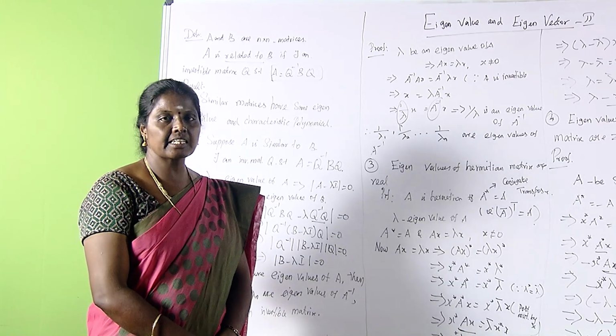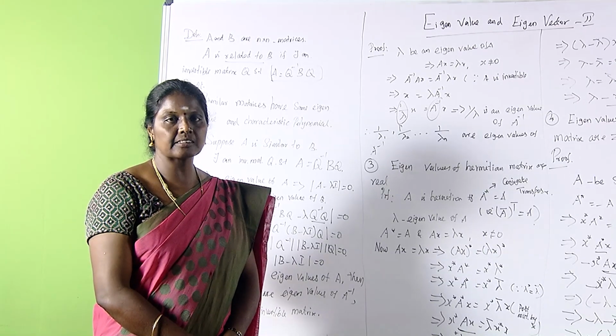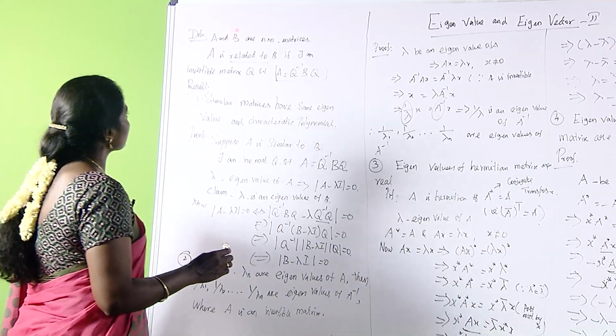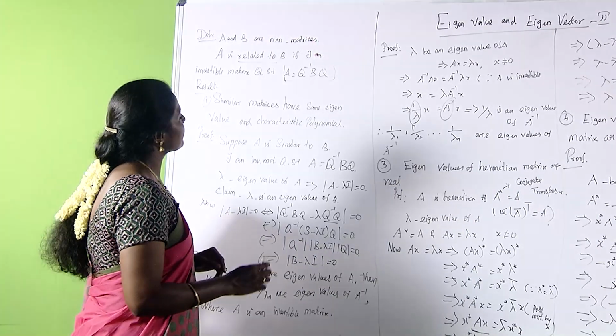Let us see the definition of similar matrices. First, we can see when two square matrices are related. Let A and B be n cross n matrices.